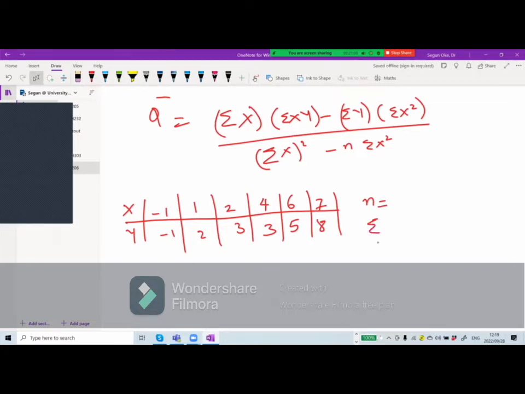You need N, you need summation X, summation Y, summation Y squared, summation X squared, and summation XY. What else do we need? I think it's okay.